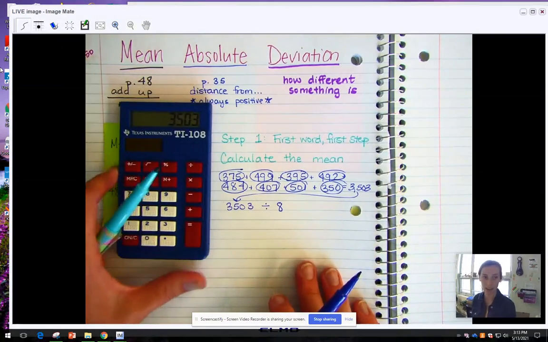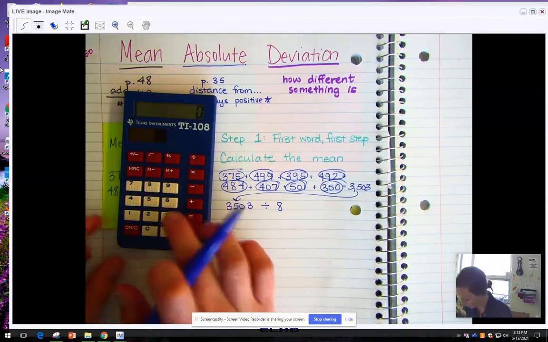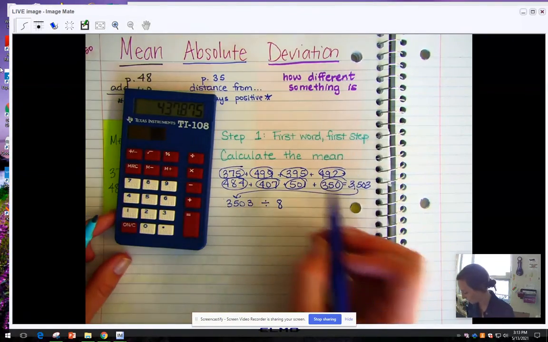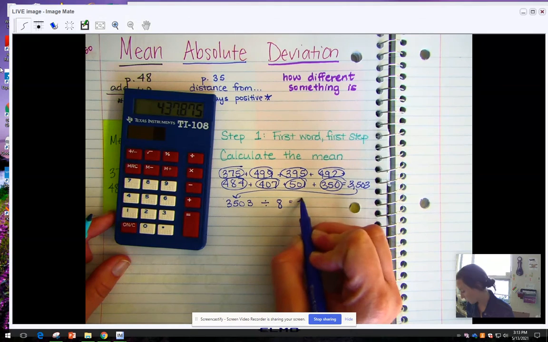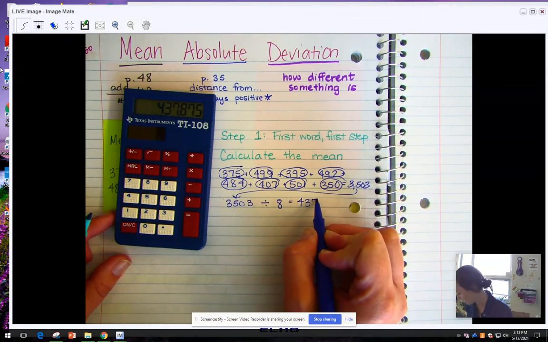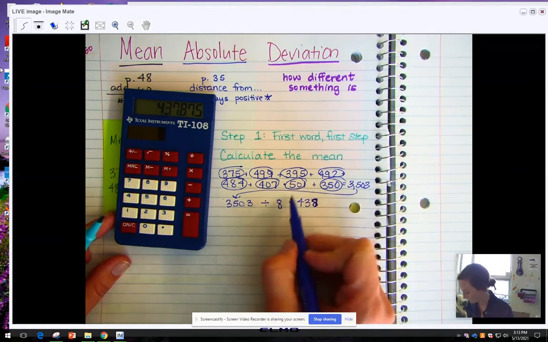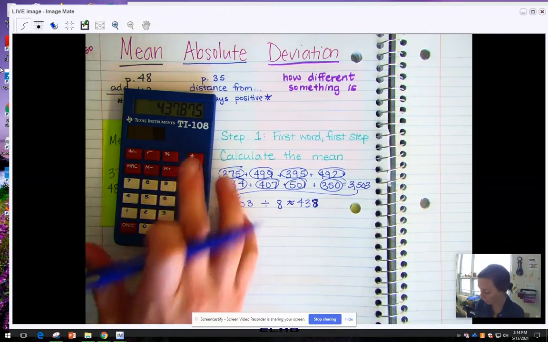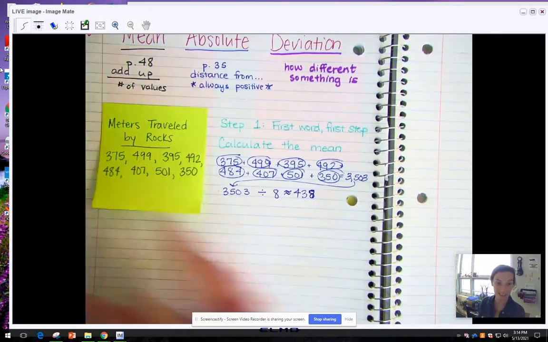I'm kind of evening out, finding the balancing point. 3503 divided by 8 equals 437.875. We're going to round this to 438 to make our lives easy, because we're about to do a whole bunch with that number, so 438 is the mean.